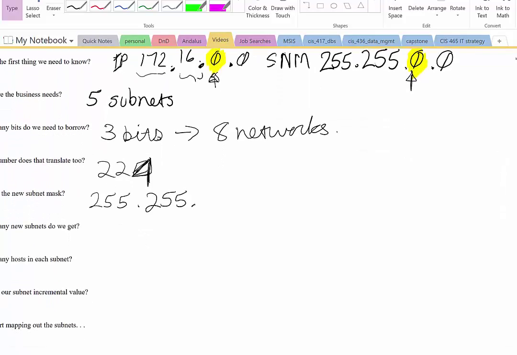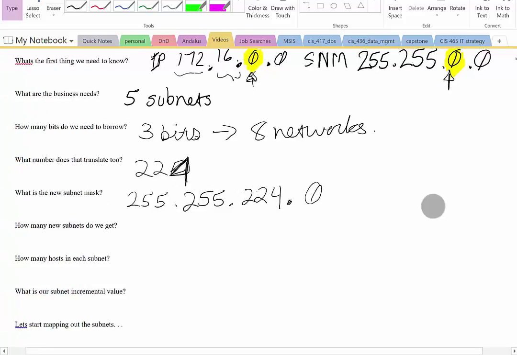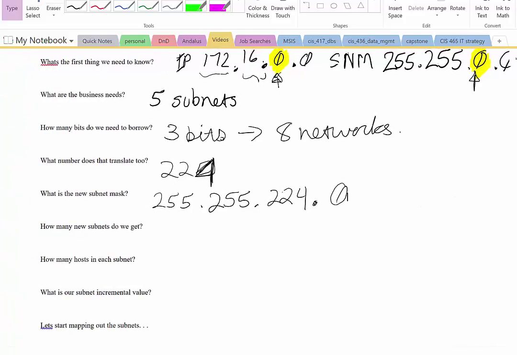So the third octet is now going to be 224. And then the last octet we're not messing with, so we just leave that as 0. So my new subnet mask is 255.255.224. Sorry, let me read that again. My new subnet mask is 255.255.224.